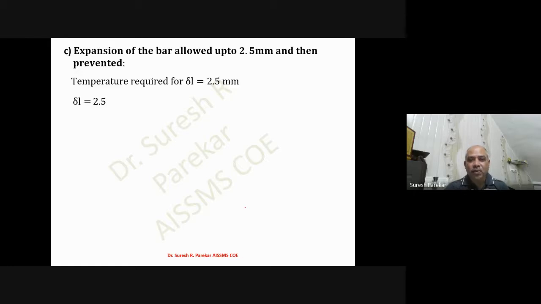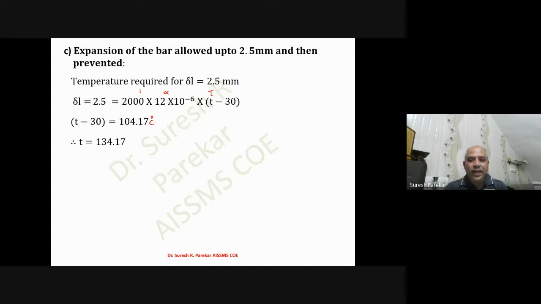So for 2.5 millimeter expansion, delta L is 2.5 millimeter, and the temperature we require we are going to calculate from delta L equals L alpha T, and we will get this value. So when my temperature is 104.17 degree centigrade, the bar expands 2.5 millimeter, and now we are going to prevent its expansion.